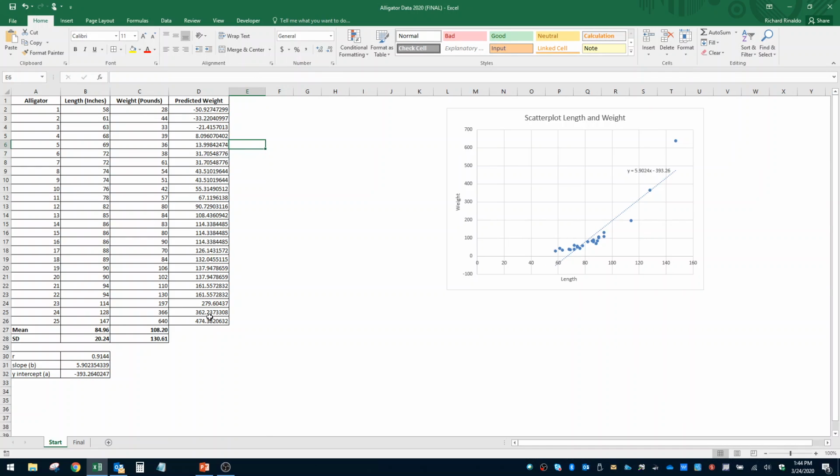The next thing I'm going to do is my residual. I'll do my residual, which is the actual y value, the actual weight of the alligator, minus the predicted weight, which is referred to as y hat. So the residual is the actual y minus y hat.